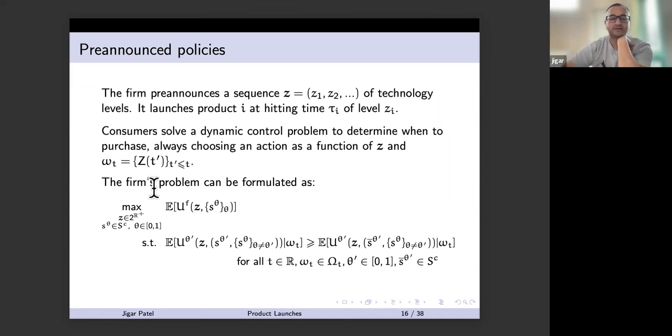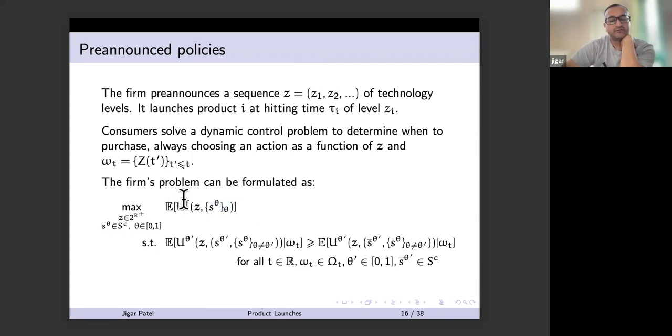So what is the problem? Let's just understand the problem. The firm wants to maximize, where UF is the utility of the firm. The firm wants to maximize expected utility, given the expected utility of their price path, the innovation frontier Z, the innovation technology levels, also incorporating consumer strategy, what consumers are going to do.